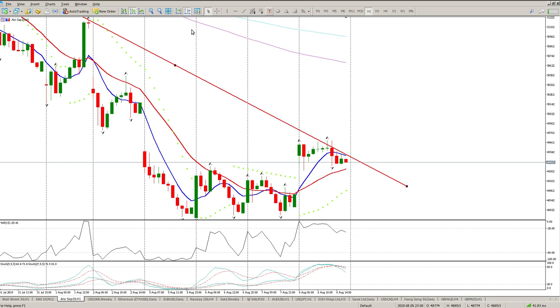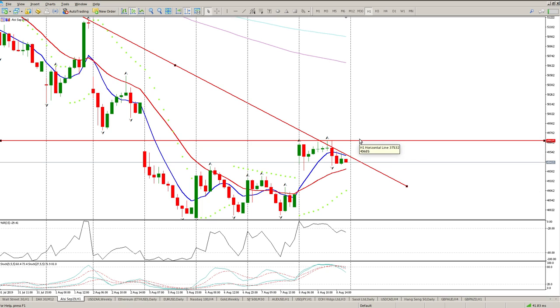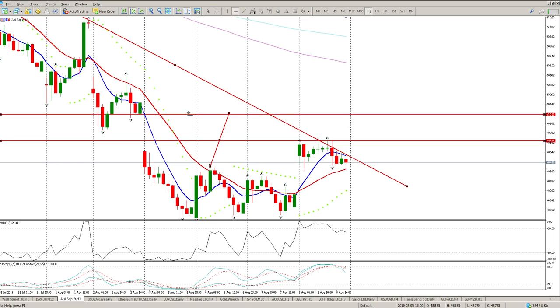However, we want to see a break of this level here, and I'll give that to you now. I just want to work out the island reversal pattern, and these are fairly reliable on the Aussie. Looks like it closes the gap.